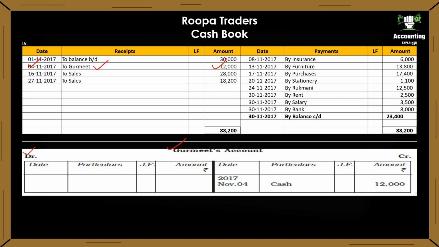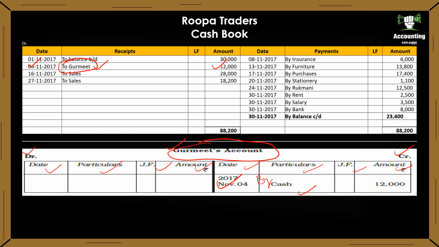On the left side it is DR, on the right side it is CR, and 8 columns: date, particulars, JF, amount, date, particulars, JF, amount. Here you have debited Gurmeet, so in the ledger account you have to credit. So on 4/11/2017, on the credit side, it will start with "By".